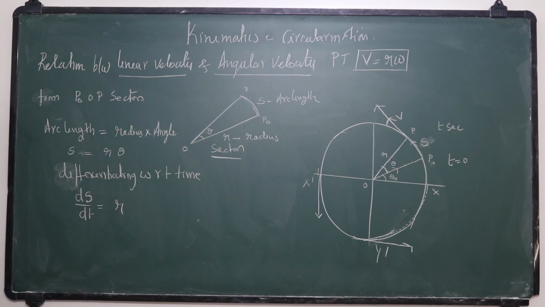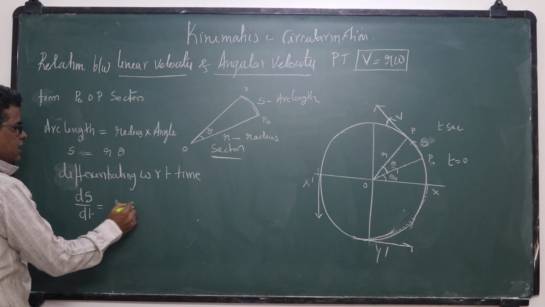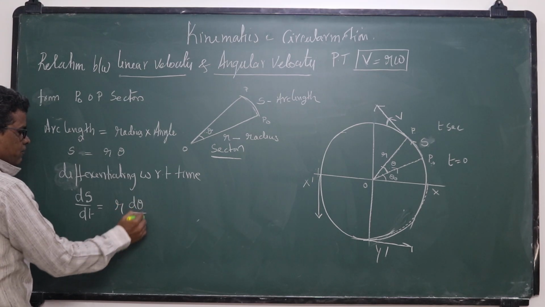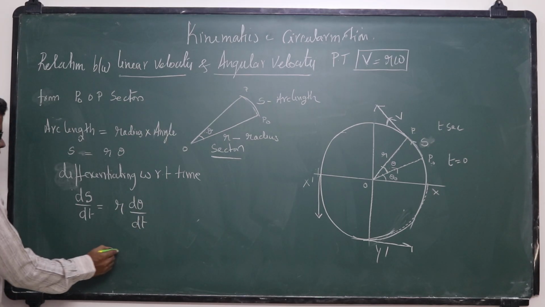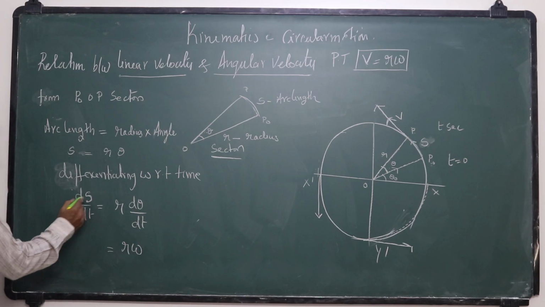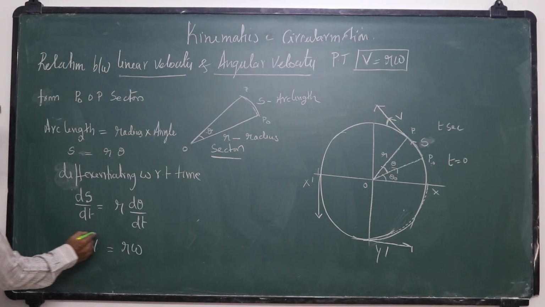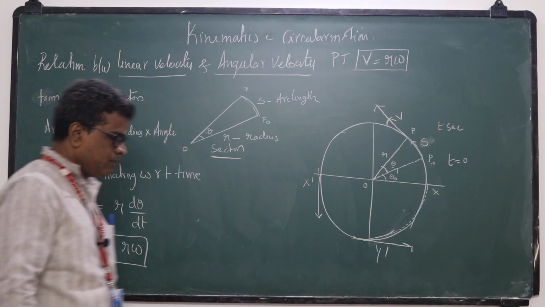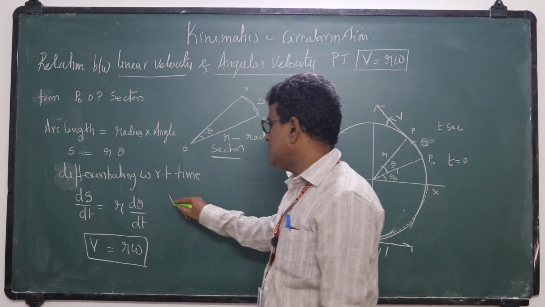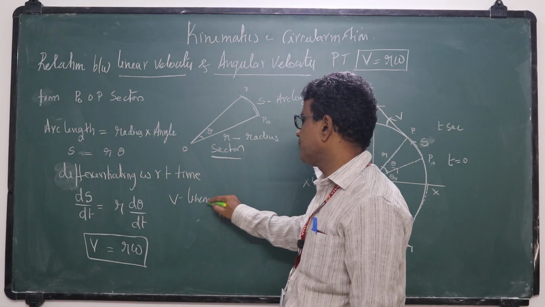R is a constant, keep it as it is. d theta by dt is omega. So ds by dt is v, the linear velocity.